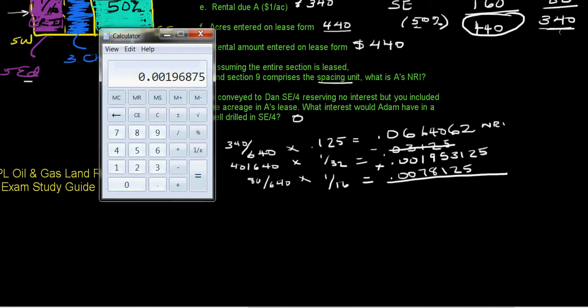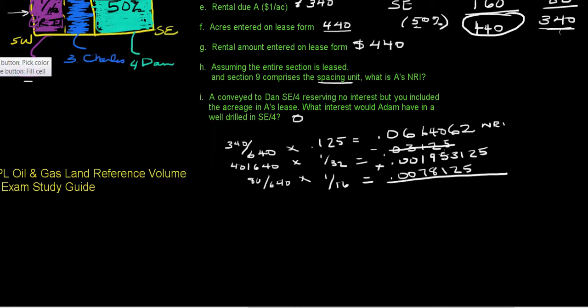So the net revenue interest for A is going to be 0.06640625 minus 0.001953125 plus 0.0078125, for a net revenue interest of 0.072265625.